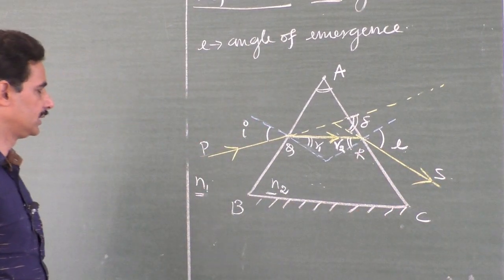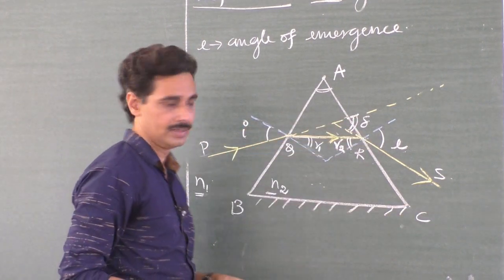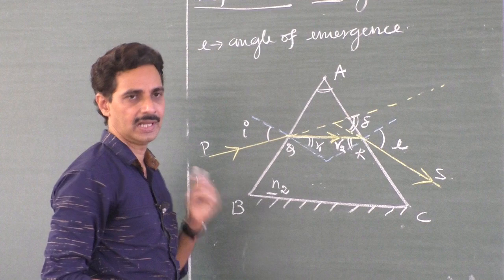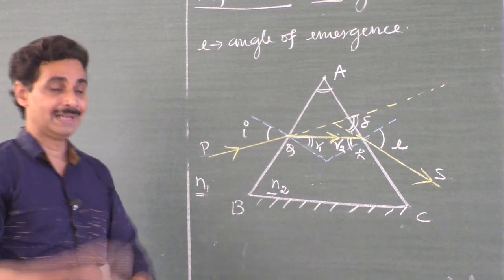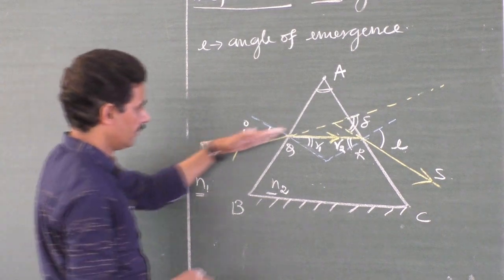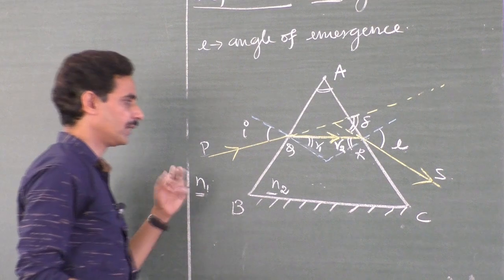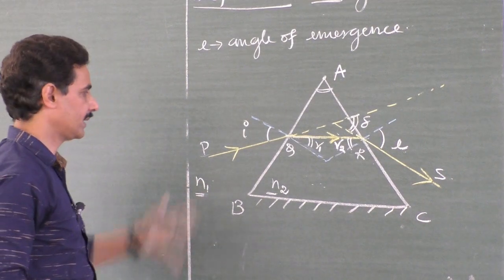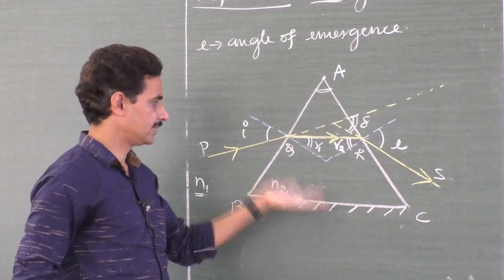A ray of light PQ undergoes refraction along QR, finally emerges along RS. And here one thing you can observe, that ray always bends towards the base. Wherever it undergoes refraction, its bending is always towards the base. First bending towards the base, second bending towards the base. So ray of light incident on a prism at some angle keeps on bending towards the base. It bends towards the base.